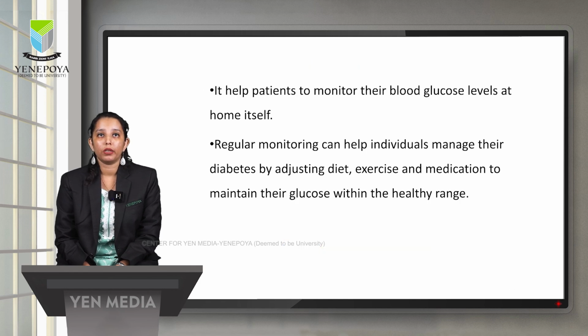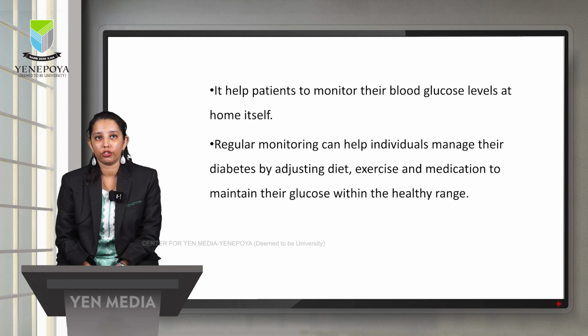This glucometer helps the patient monitor their blood glucose level at home itself. It is not required to go to the hospital for a blood checkup every day. Regular monitoring can help individuals manage their diabetes by adjusting diet, exercise and medication to maintain their glucose within a healthy range.